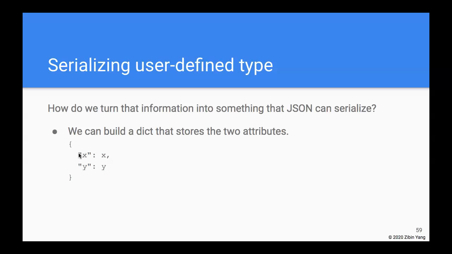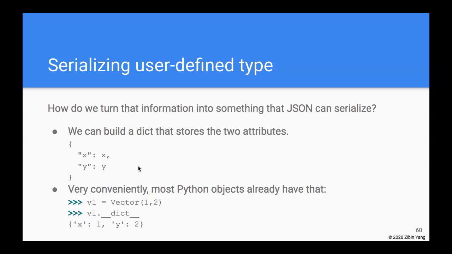So we can just construct a dictionary, and the key would be the name of the attribute, and the value would be the value of the attribute. This kind of dictionary is not difficult to construct by hand, but there is an even easier way, because almost all Python objects have this very special attribute called dunder dict that is a dictionary of all the attributes of that object.